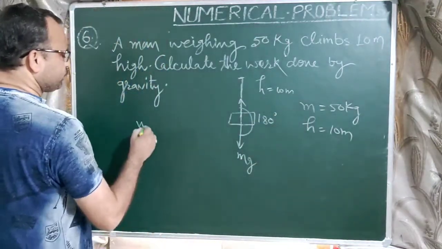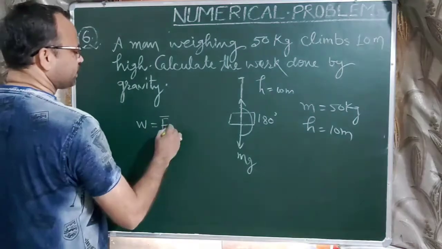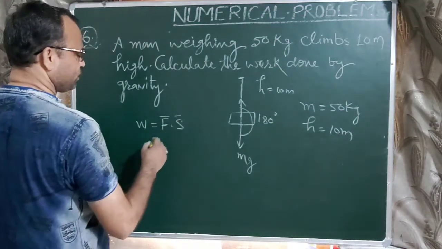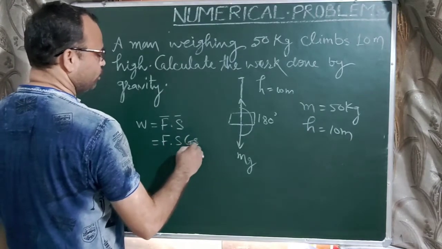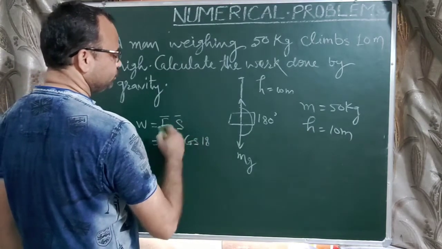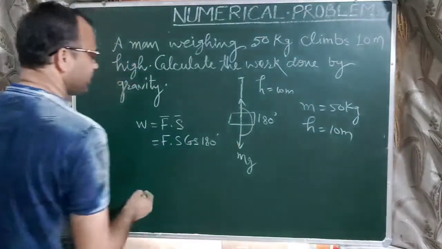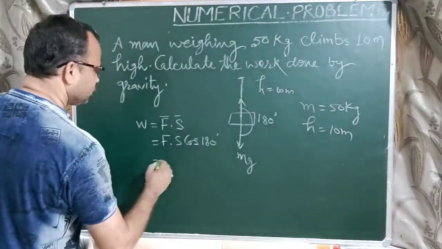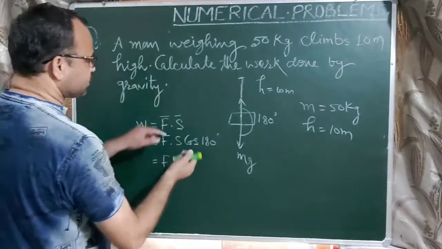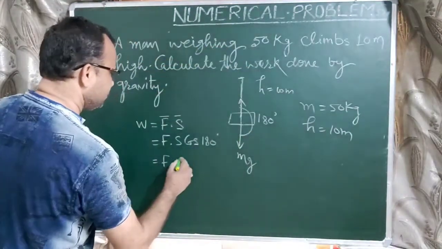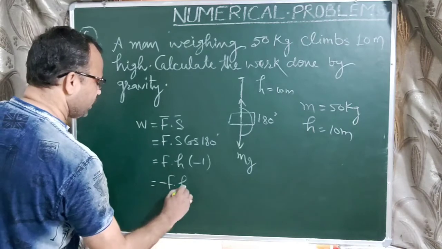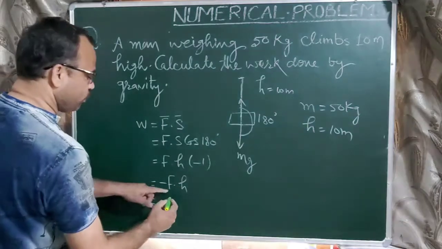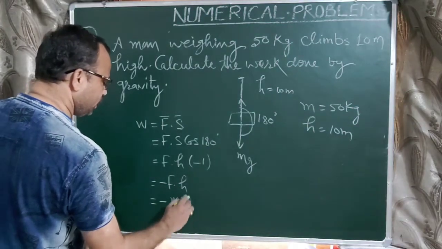So W equals F vector dot S vector, which is F S cos 180. The value of cos 180 is minus 1. S means displacement, which is h. So W is minus F into h, and the value of F is m into g.